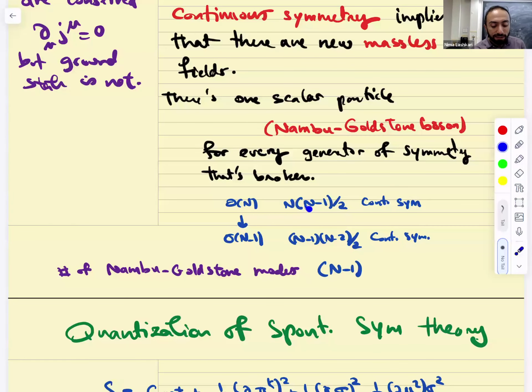O(n) has n times (n minus 1) over 2 free continuous variables. We break it to O(n minus 1), which has (n minus 1) times (n minus 2) over 2 continuous variables. So the number of continuous symmetries we've broken is n minus 1, and that's precisely the number of Nambu-Goldstone modes that we find, which is pi_k, k running from 1 to n minus 1. Good?